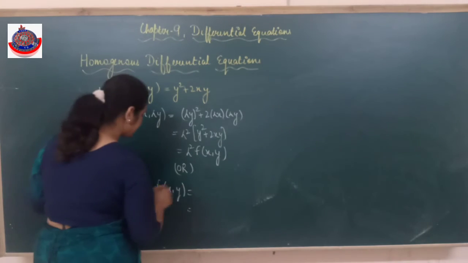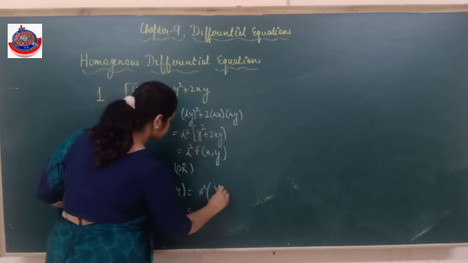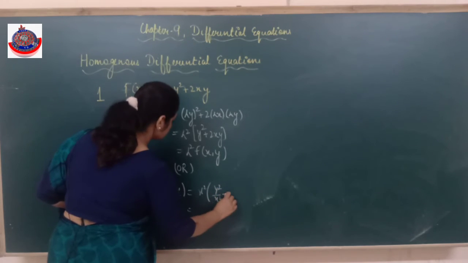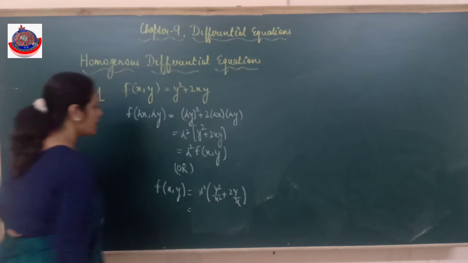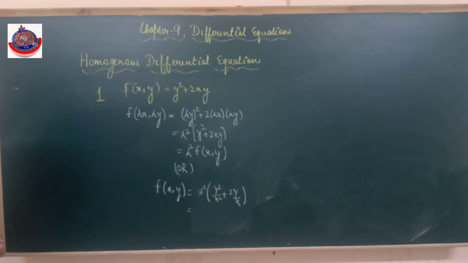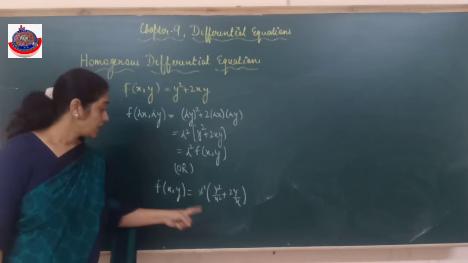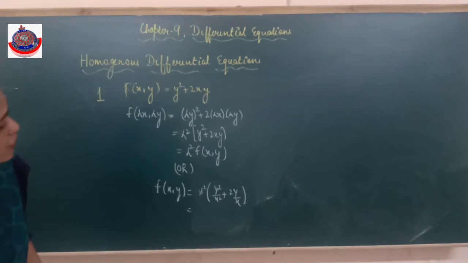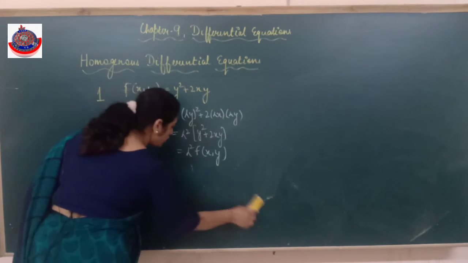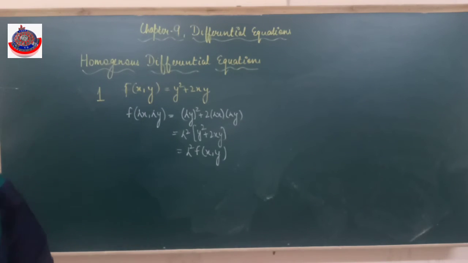That means if I take x square out, there is no x square left. Wherever the variable was x, y, it has been replaced by y upon x, and y square upon x square plus 2y upon x. Is it clear? So it is better to always solve by this. There should not be any confusion.